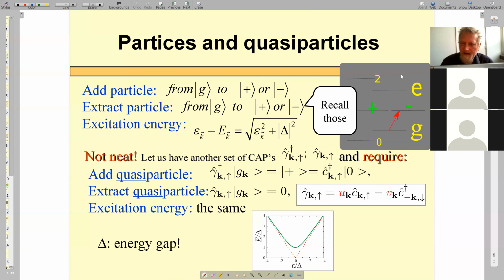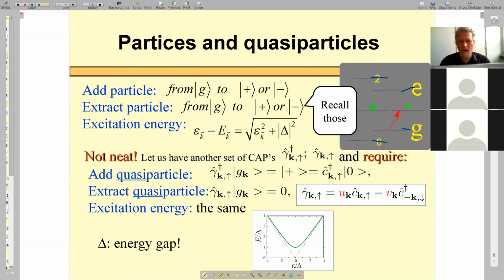So let us see. We have 0 and 2. They're in superposition. They're mixed. So they form two states: ground state and excited state. Now let us recall that in each number box we also have states with single electrons, and they're not affected by superconductivity whatsoever.